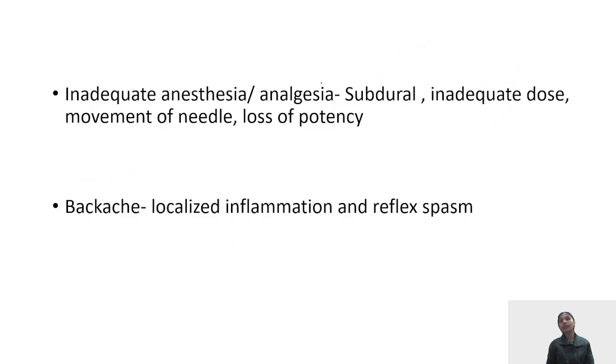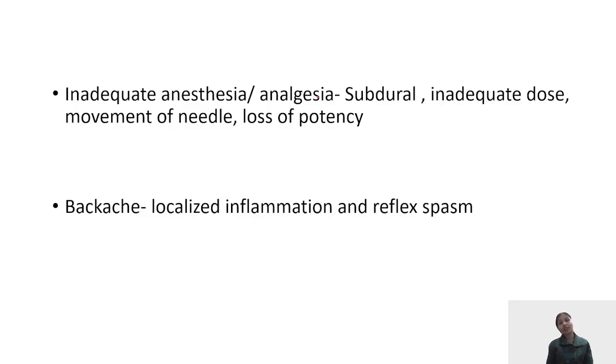These are because of the subdural placement. I talked to you about that space in which we can see CSF, but there is no free flow of CSF. So there is incomplete mixing of the drug with the CSF. The dose that you have given is not right, the needle has moved, or your drug has lost its potency.